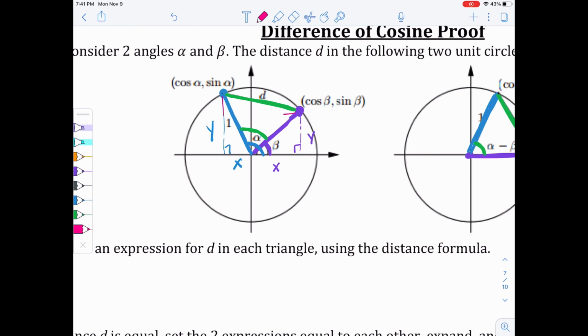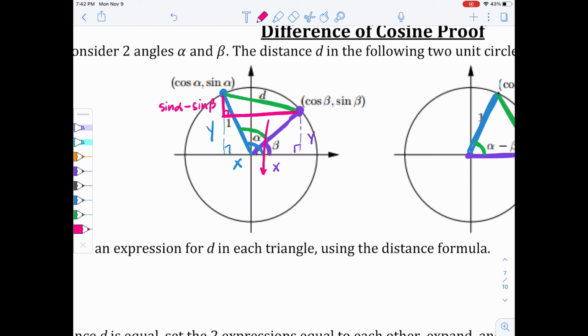So I'm going to draw a right triangle that connects the 2 points where the hypotenuse is D. And my vertical leg is going to be the sine of alpha minus the sine of beta, because the sine of alpha is the point from the blue point down to the axis, and the sine of beta is the purple point. So that little sliver of the leg would be sine of alpha minus sine of beta.